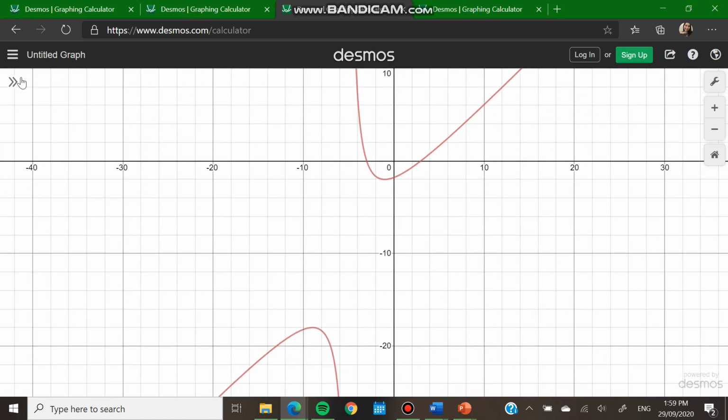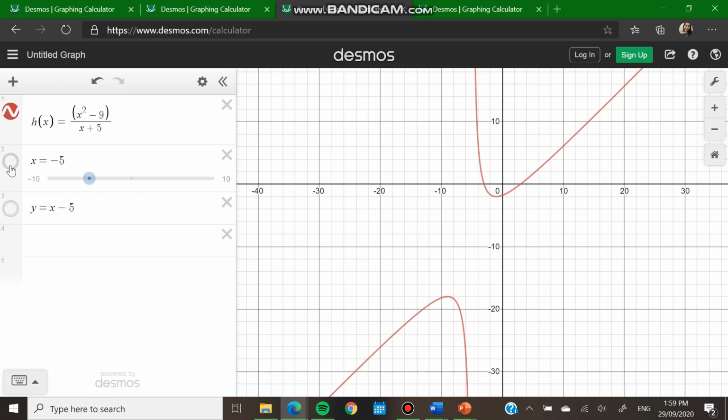And then for the asymptotes, for the vertical, we have x equals negative 5. And then we have y equals x minus 5, which is the oblique asymptote. So there you go. In this given rational function, we have vertical asymptote, x equals negative 5, and an oblique asymptote, y equals x minus 5.